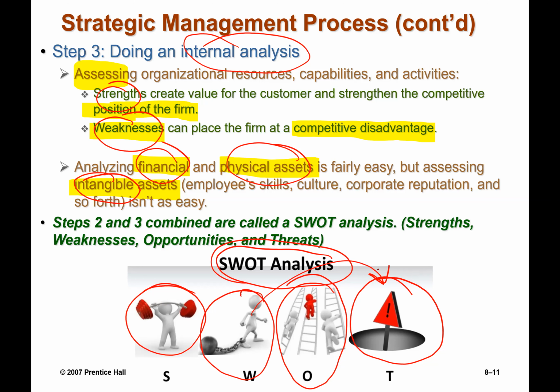So in strategic management, you will always hear this word, SWOT or SWOT analysis. Perhaps some of you might have gone through this kind of wording in some other classes. This wording is used a lot in strategic management.